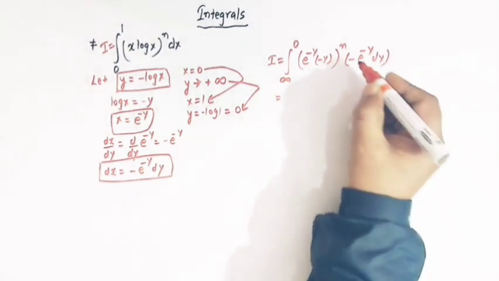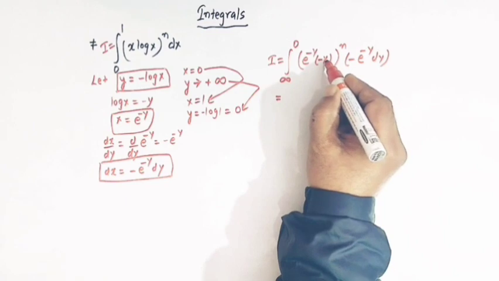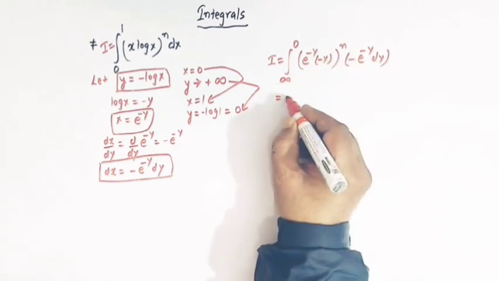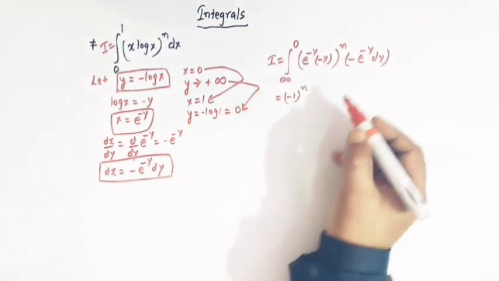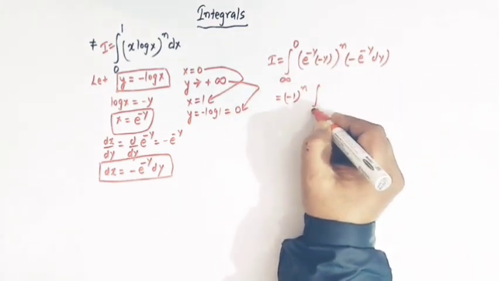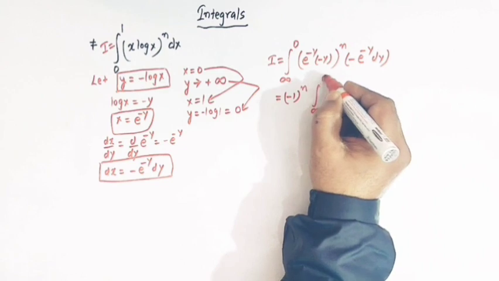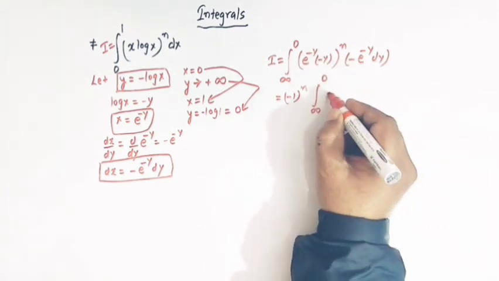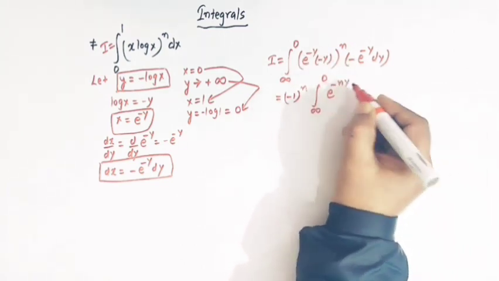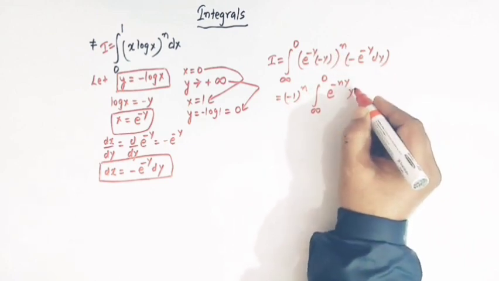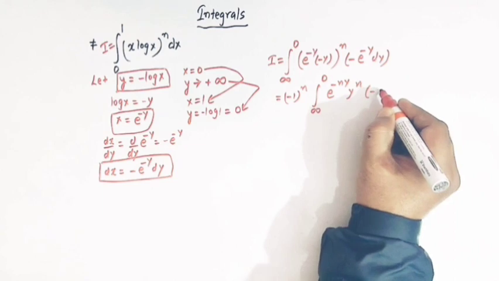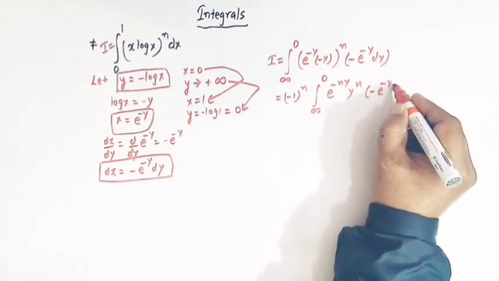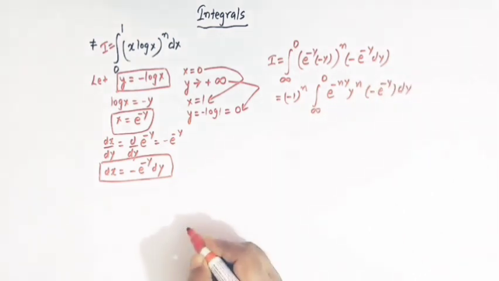Okay, now see, here we have minus y raised to n. So we can take minus 1 raised to n outside the integral, and then we have infinity, then 0, and here we have e raised to minus ny, then y raised to n, and then a minus e raised to minus y dy, right?